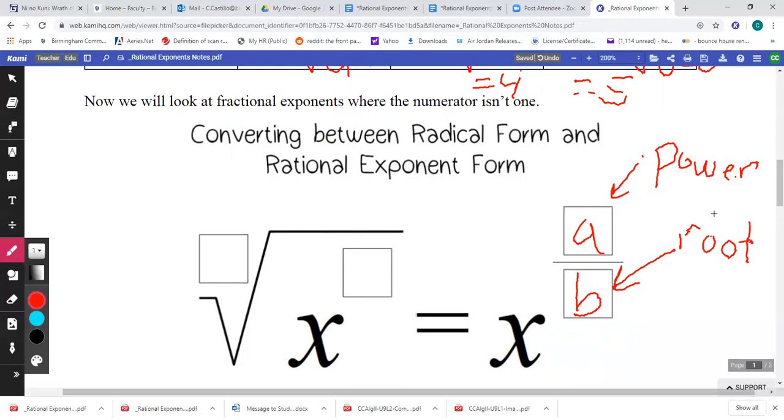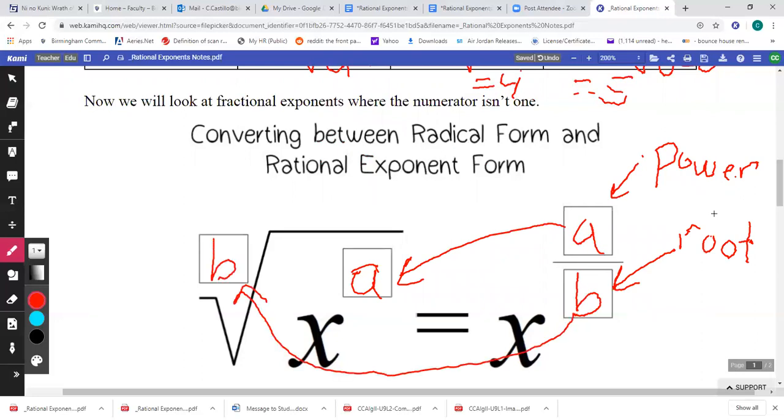Okay? So when you write it in radical form, the power is here, and then the root goes there. Okay, so we're going to practice converting between these two forms.